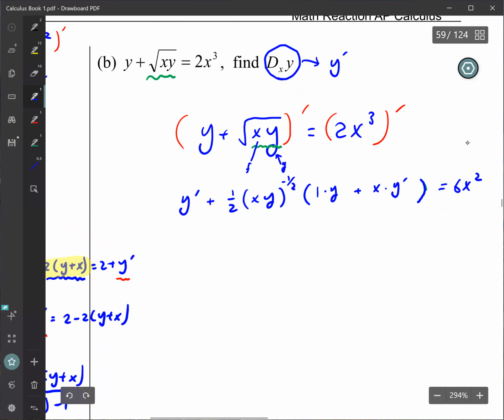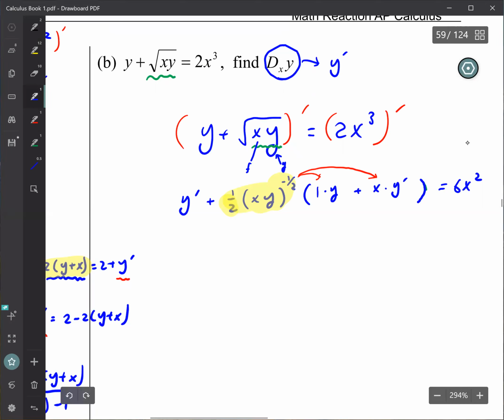So I will highlight this part. This part is the part that's going to multiply in, to get rid of that bracket, so then your y prime can be moved around.